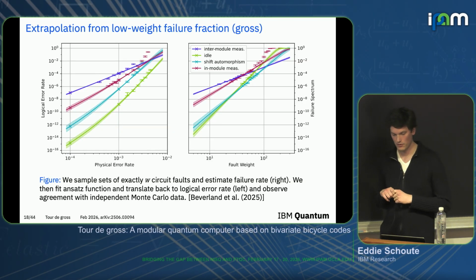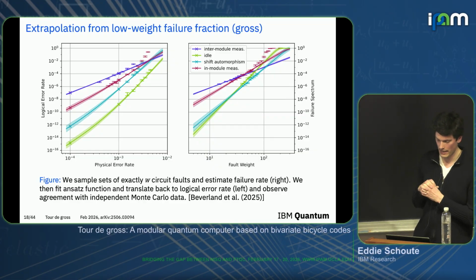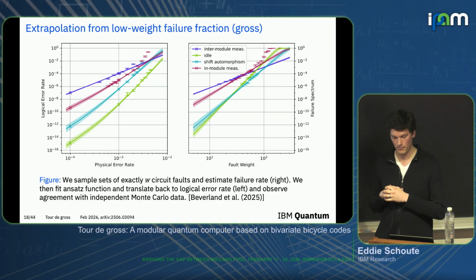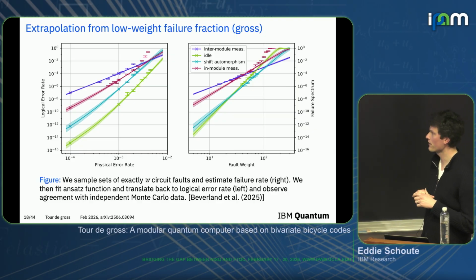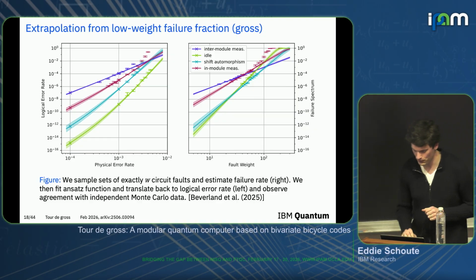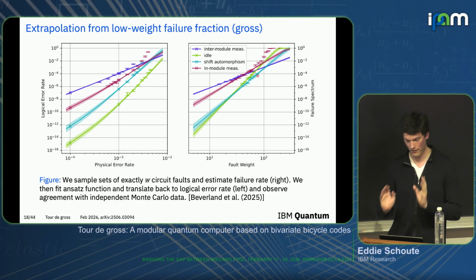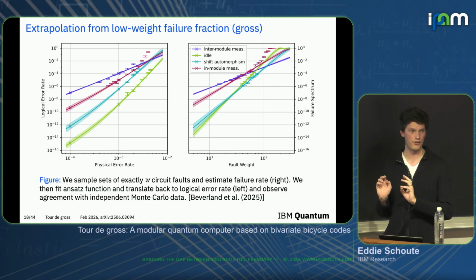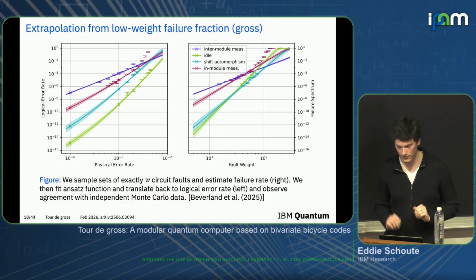We developed this new technique, or rather Michael and others, which extrapolates from so-called low-weight failure fraction. What we do is we pick a certain number of errors to occur in our code, and then we see if our decoder fails for this number of errors, and we count how often this happens.